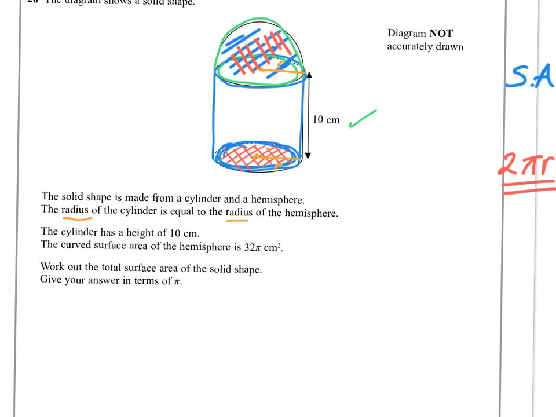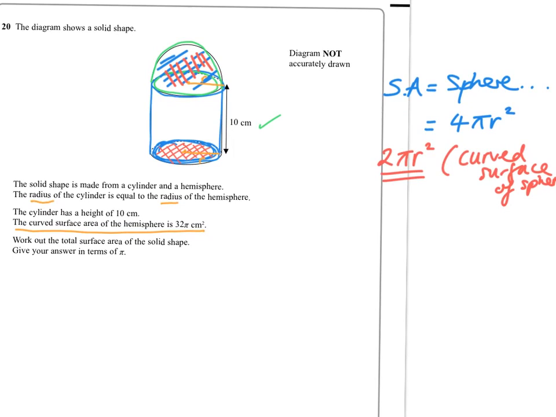So I think what you have to do in this case is look very carefully at this part here. Now, what we already had was the curved surface area of the sphere was 2 pi r squared, and we're told that the area of the hemisphere was 32 pi.